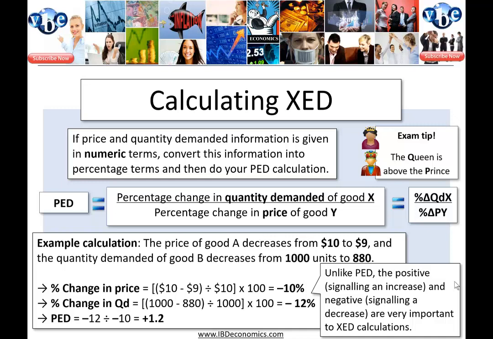Change in quantity demanded, this decreases as well, and that turns out to be negative 12%, because we have a decrease in the quantity demanded of good B. It's a decrease of 12%, so that's a negative value. Into our formula there, negative 12 divided by negative 10, and out pops our XED coefficient, positive 1.2. So again, we need to make sure we get our positive and negative signs correct. Very important to our calculations.